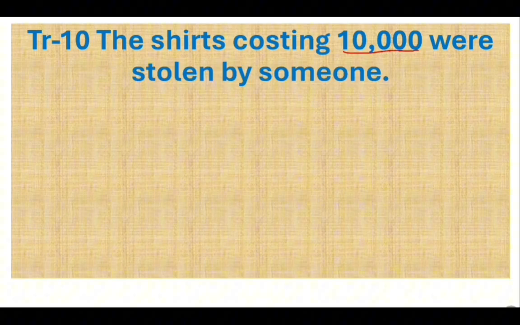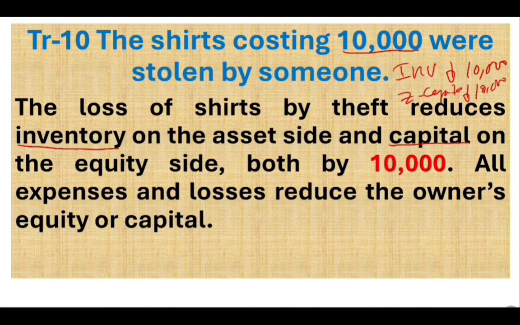Transaction 10, the shares costing 10,000 were stolen by someone. These shares are inventory, so we expect inventory to reduce by 10,000, and also the owner's capital or Z capital is decreased by the same amount.